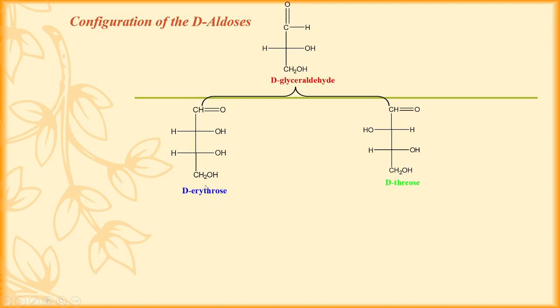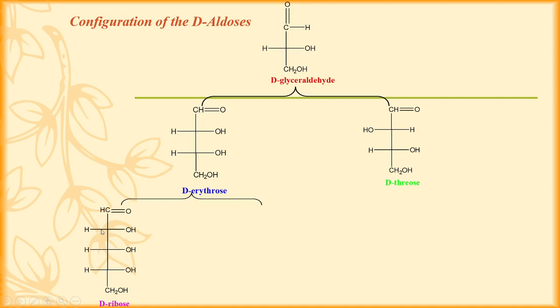So in the next step, this tetrose is converted into pentose sugar. Again this D-erythrose forms 2 sugars, the first one is D-ribose. So here we write 1 more carbon atom, added after this aldehydic functional group.